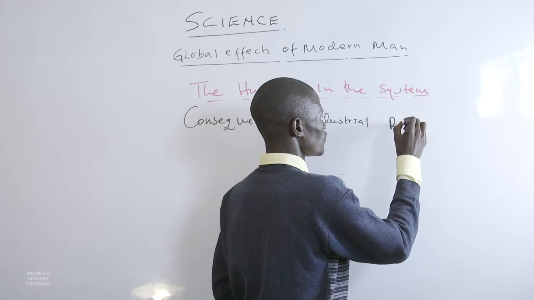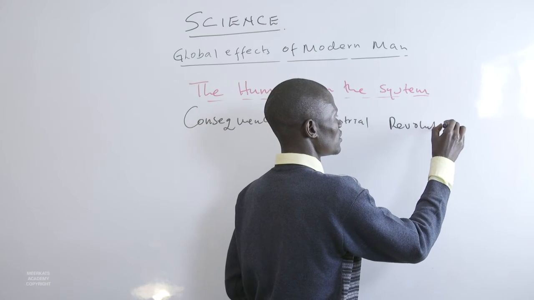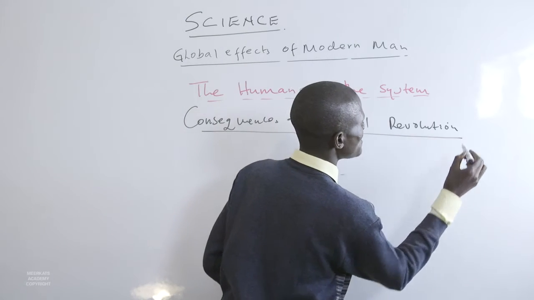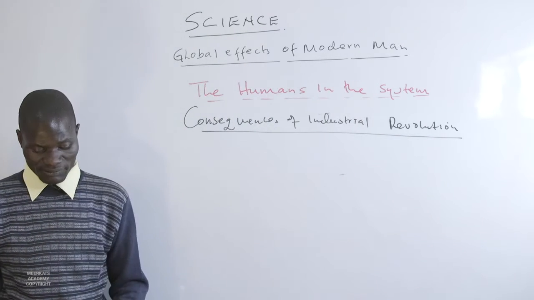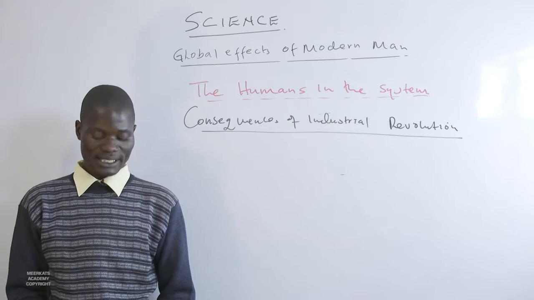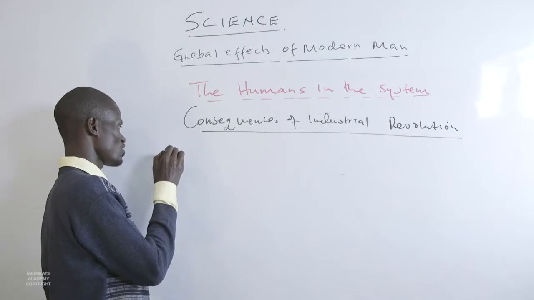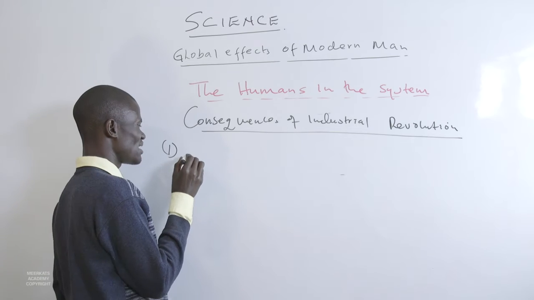The Industrial Revolution came with an increase in the use of energy resources. That is one consequence. There was a high demand.